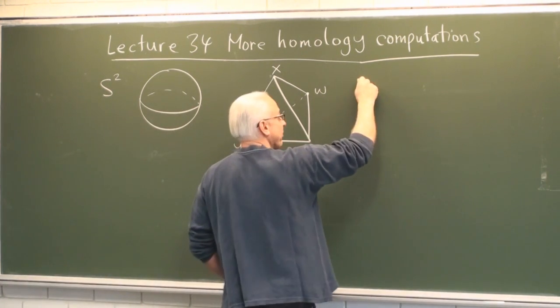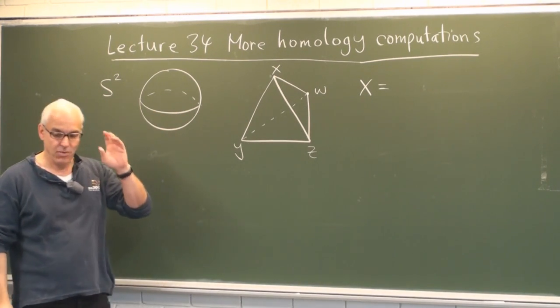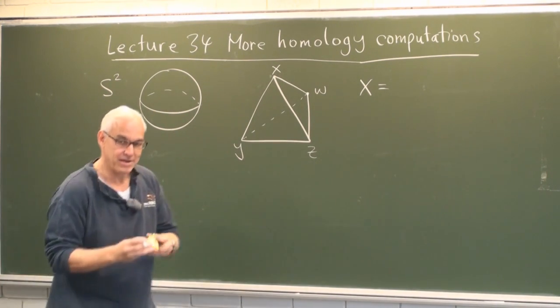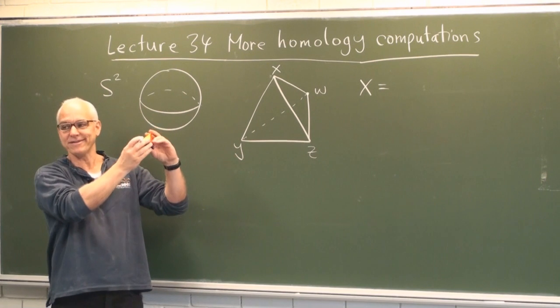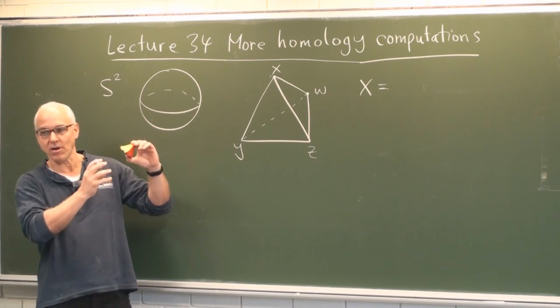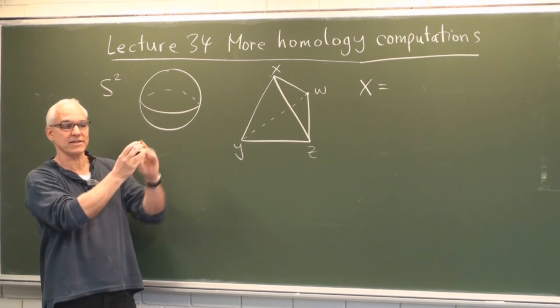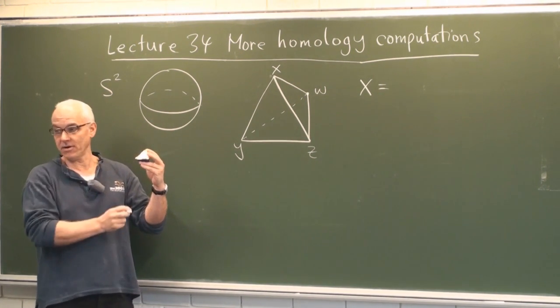We want to think about essentially the open tetrahedron. So we're not talking about a solid tetrahedron here, because that would be a ball. We're rather thinking about the four triangular faces with an empty interior.